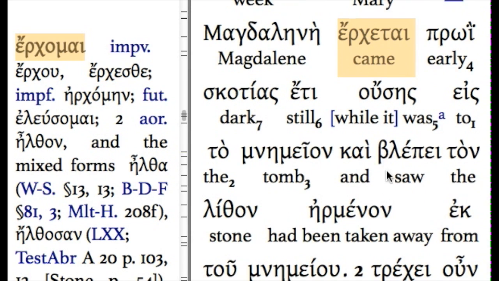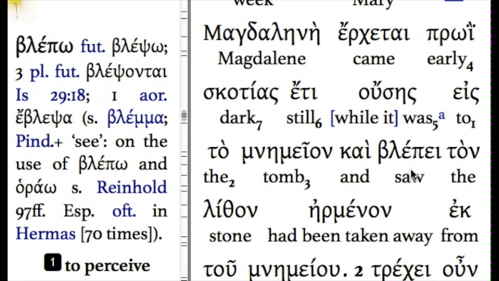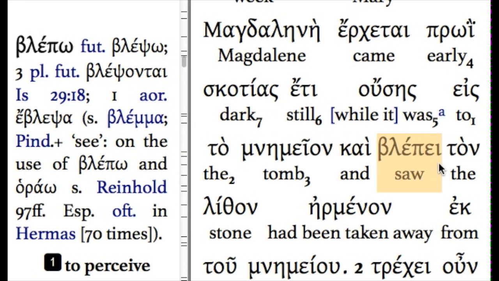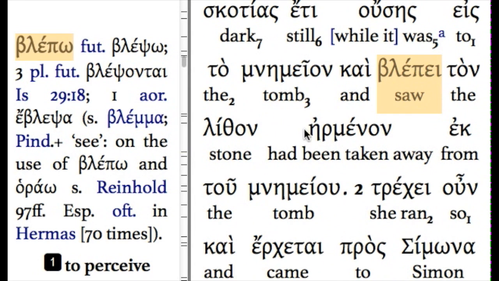Kai blepei. Okay, now even if you don't know that word, blepei, what does that look like? Is there an augment? No. And that looks like the normal primary active endings, and it sure enough is. So she sees the stone. Notice they're still translating it past tense, but it's actually present tense. She sees the stone.